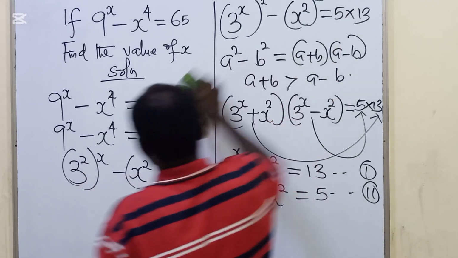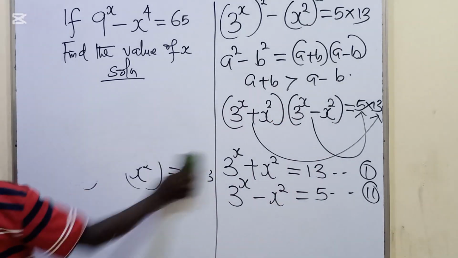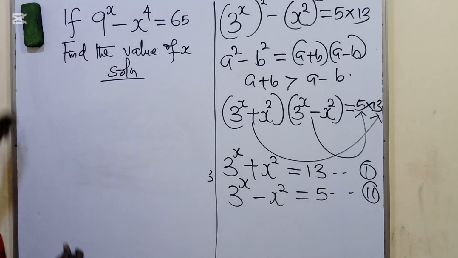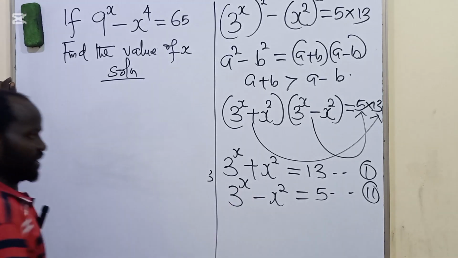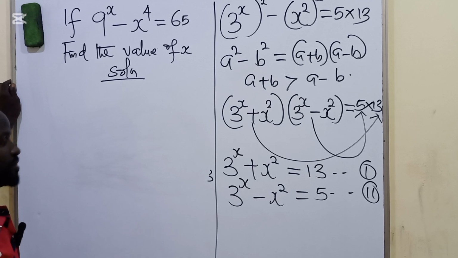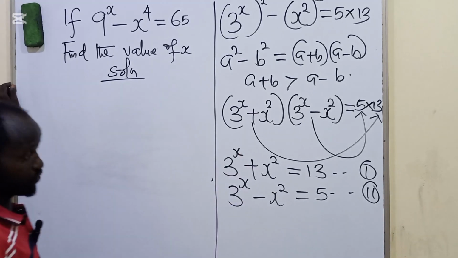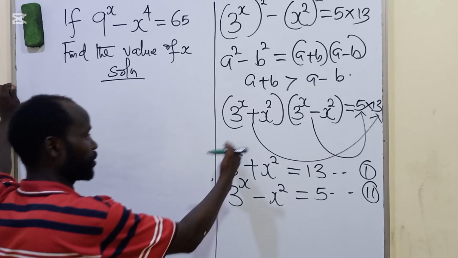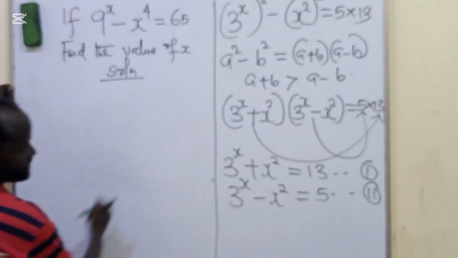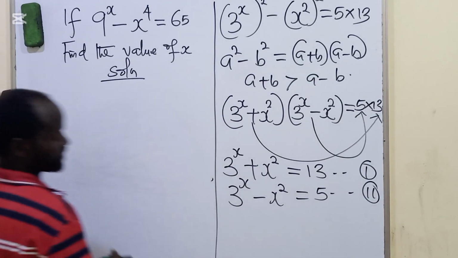Our aim is to find x. Let's move here. Let's apply the elimination method because this is a system of equations. We can either eliminate x² or 3^x. Let's add. If we add, we will eliminate x².